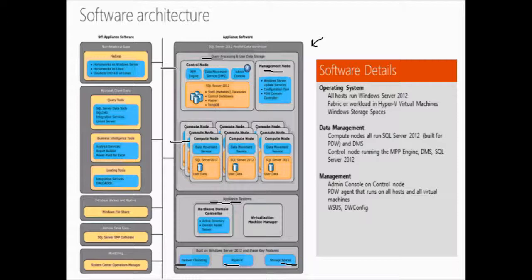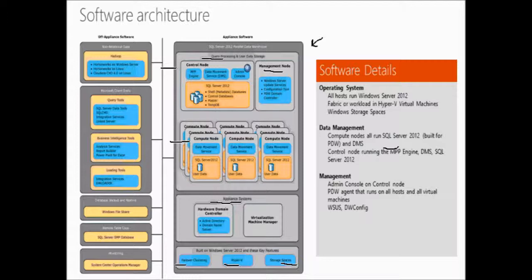On compute nodes, in order to store our data, we are using a special build of SQL Server for PDW. Within the appliance, for data movement, we have the DMS service, which is responsible for data movement within the appliance.